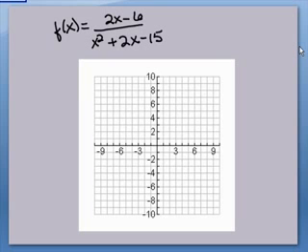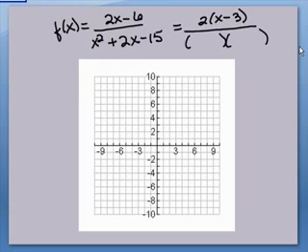All right, before we can get started here, we need to do a little bit of work. We're going to factor. So in the numerator, our greatest common factor is 2. So we're going to factor that out. And in our denominator, we have a quadratic, and that factors as x plus 5 times x minus 3. We need factors of negative 15 whose sum is 2, so plus 5, minus 3.